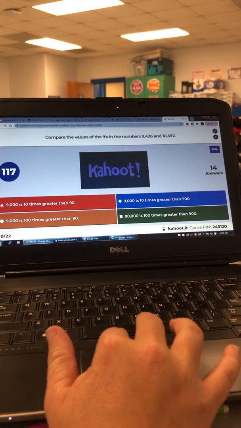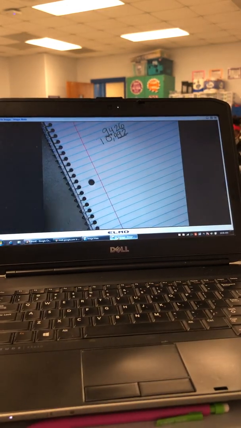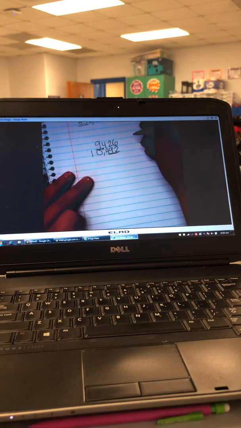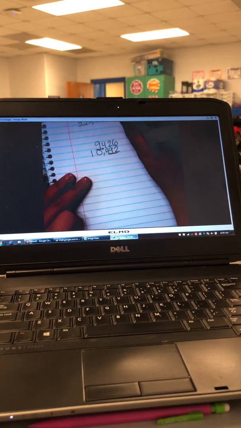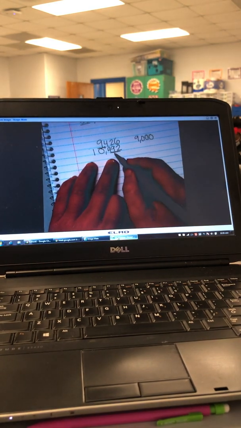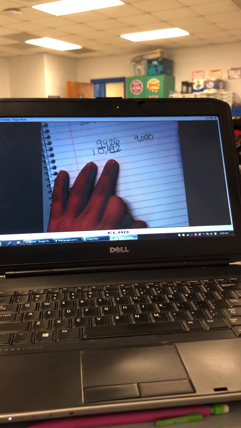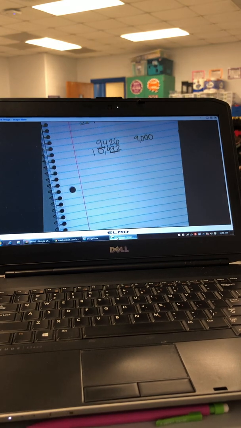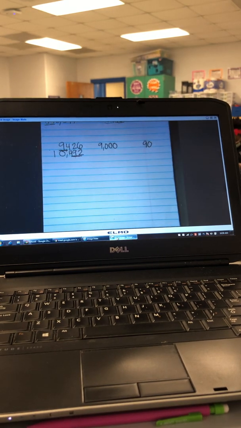Alright, let's look at this problem. So the first 9 is in the thousands place. So it's 9,000. The second 9 is in the tens place. So it is 90. So how do I get from 90 to 9,000?